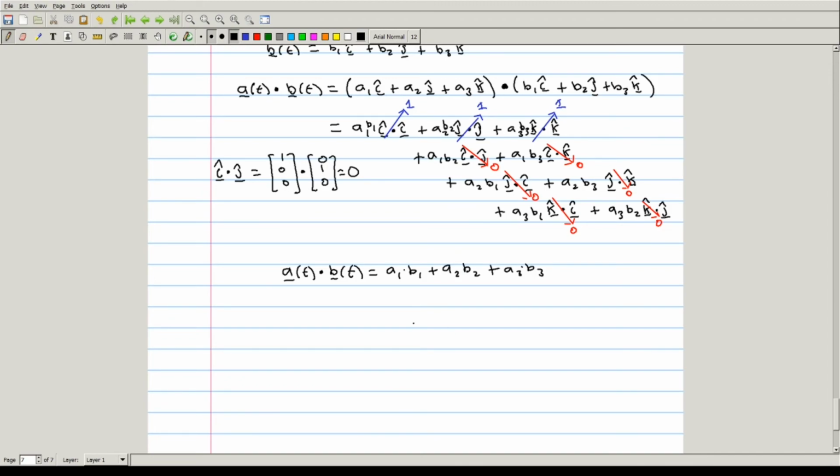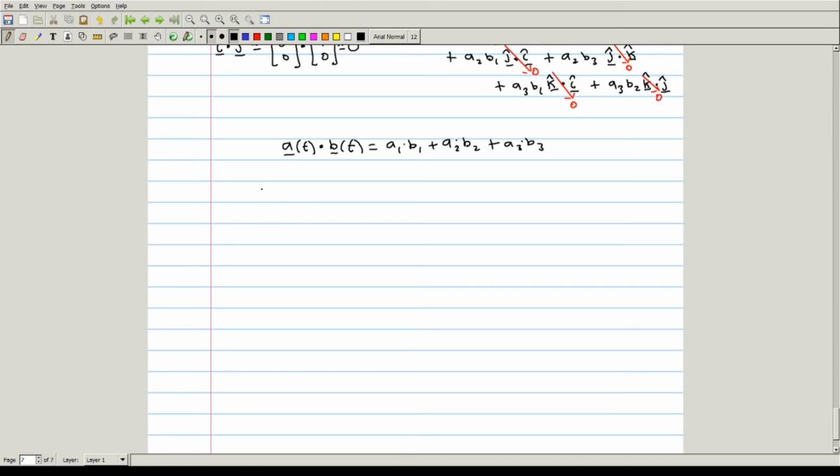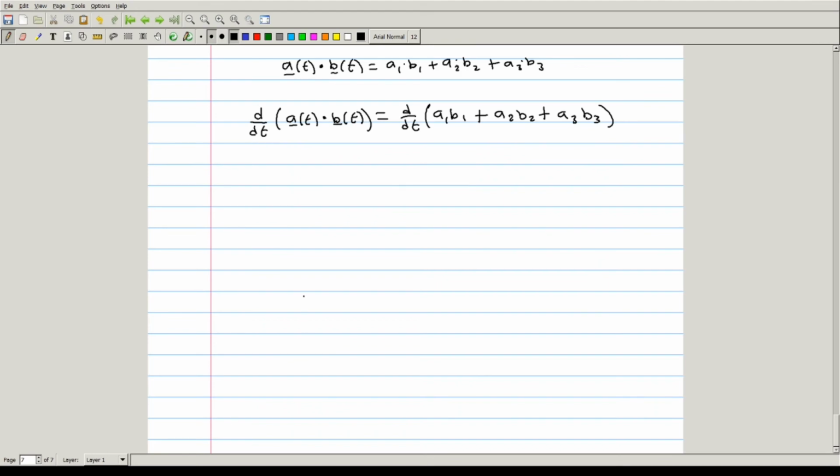And this should give you a hint of where we're going here when we take the derivative of this general dot product. This means that the derivative of the dot product of two parametric functions is going to be the same thing as the derivative of the sum of the multiplication of the component functions. And we know from calculus 1 that this is the same thing as the sum of the derivative of each one of these products, which we calculate using the product rule.